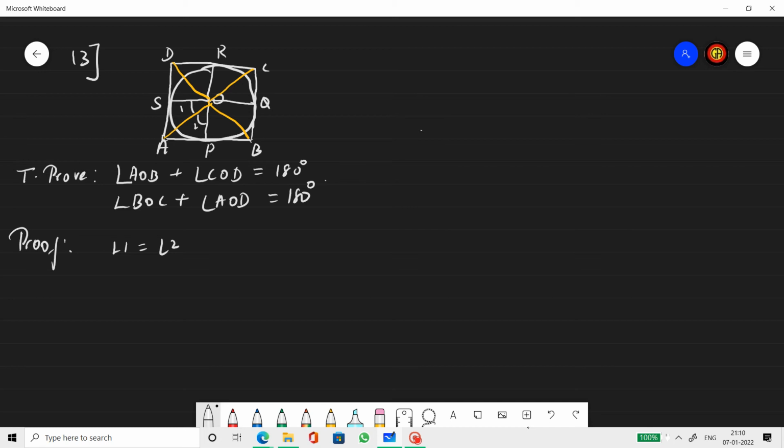Since BP equals BQ, angle 3 equals angle 4. Since CQ equals CR, angle 5 equals angle 6. And also DR equals DS, angle 7 equals angle 8.